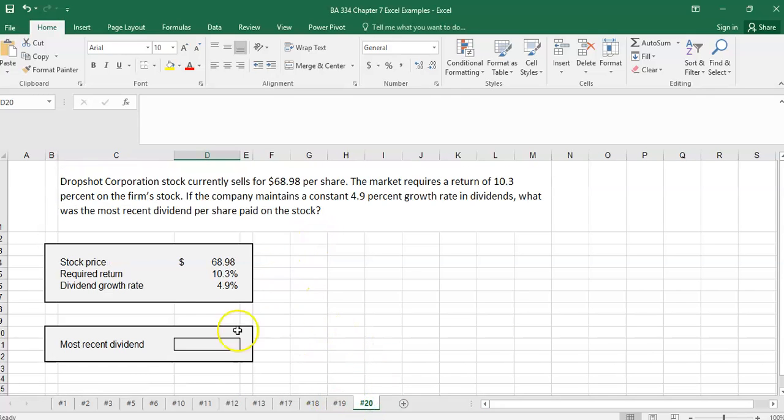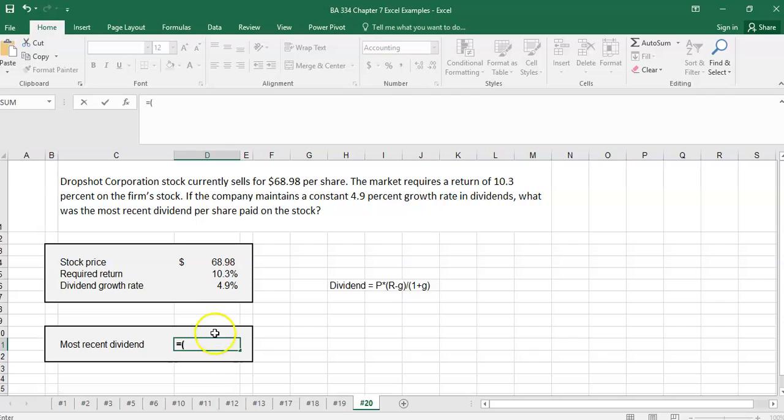Okay. In this last example, we're trying to figure out what the most recent dividend paid was. So we're just rearranging our formula. So we're going to have the most recent dividend paid equals the price times the return minus the growth rate divided by 1 plus the growth rate.